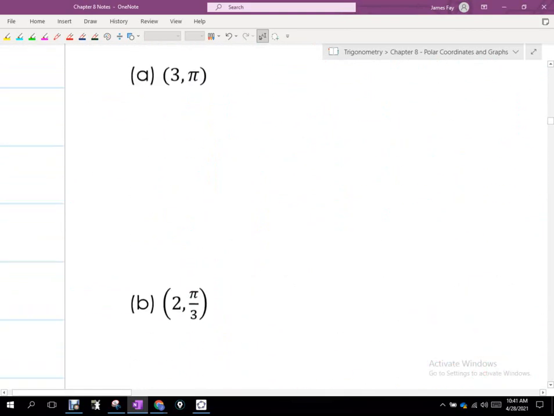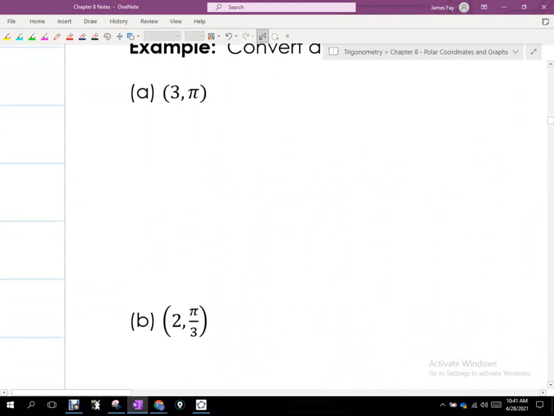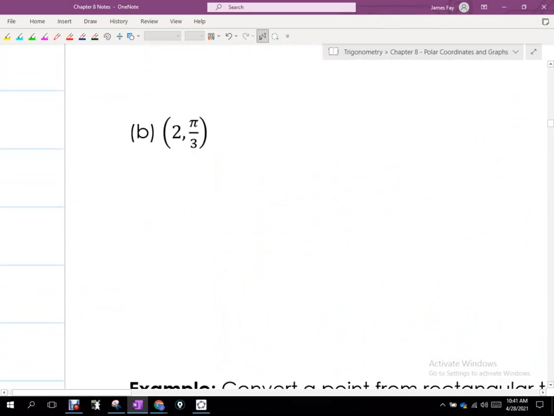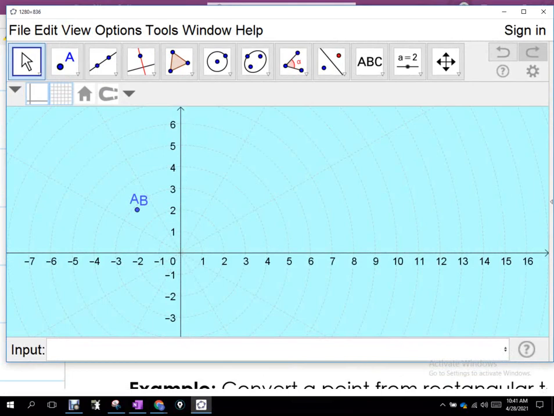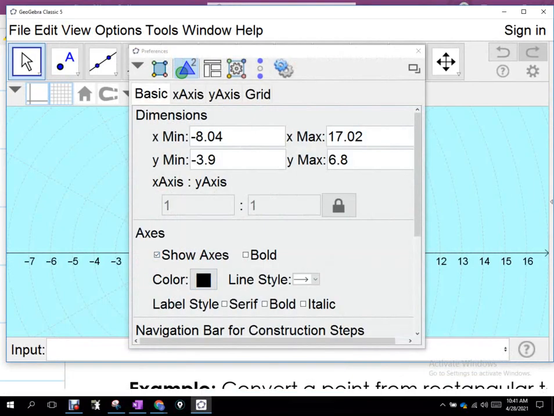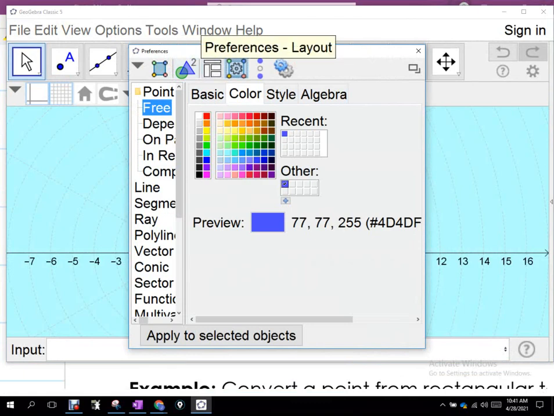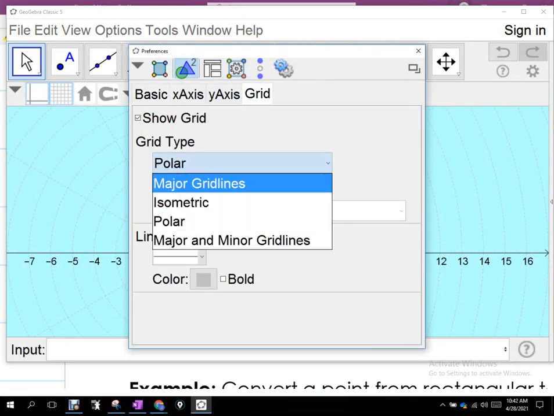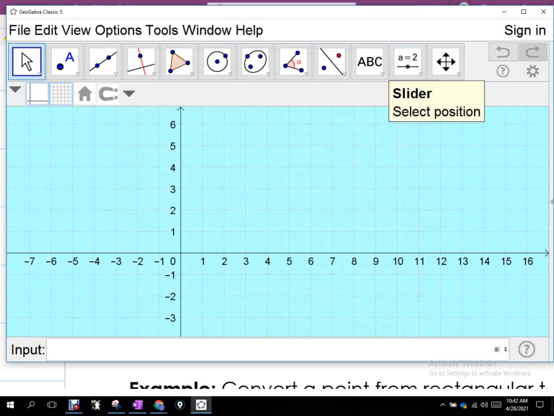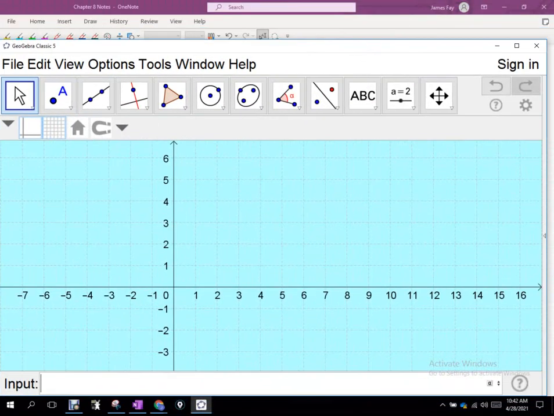So let's go up here to these, and let's do B first. So B, this is polar. The directions say it, but another thing that I look at, this looks very XY-ish, and I can plot. Think about this. If you are in the rectangular system, you can go over to the right 2 units.